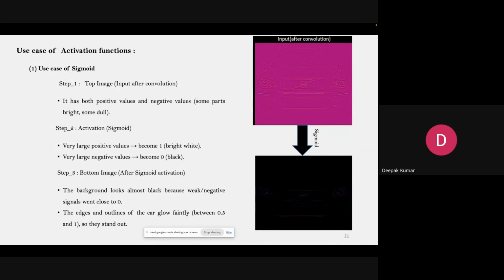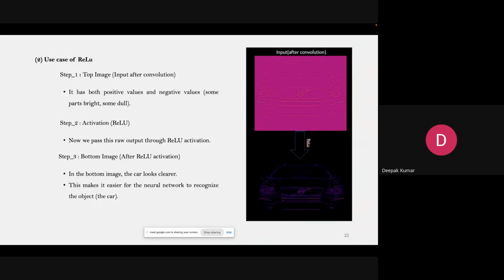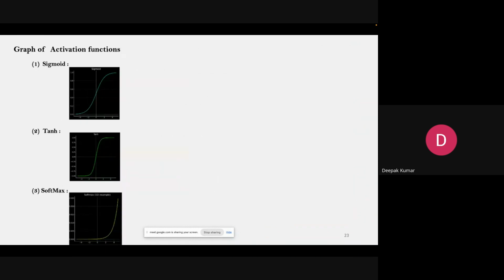If we closely observe the image, there are very few features highlighted after applying the sigmoid function. If we apply ReLU, you can see slightly more because it's not impacting much. What we apply after convolution just highlights the edges, so we get more features, but in a dull form. So that is the application.